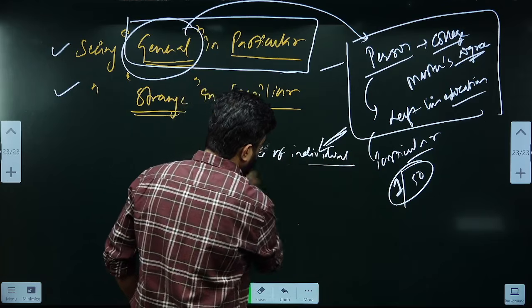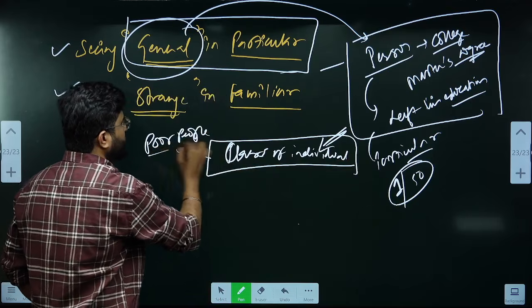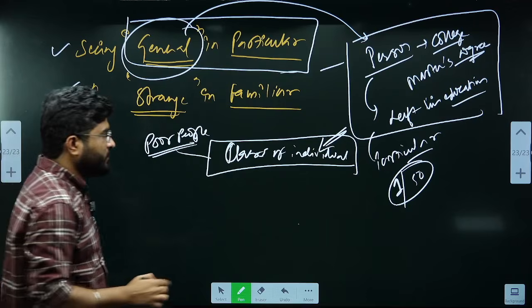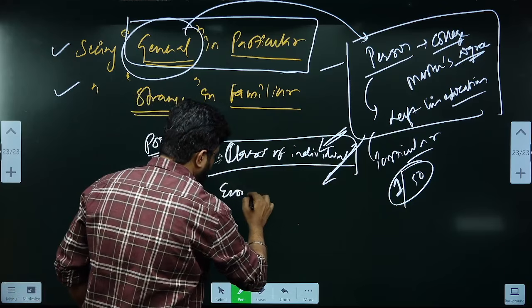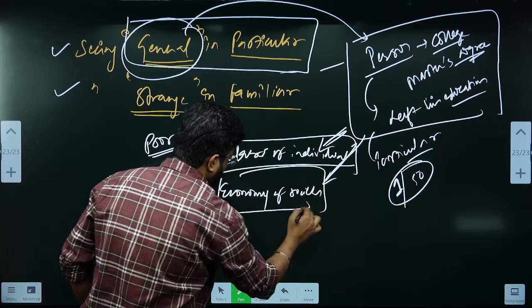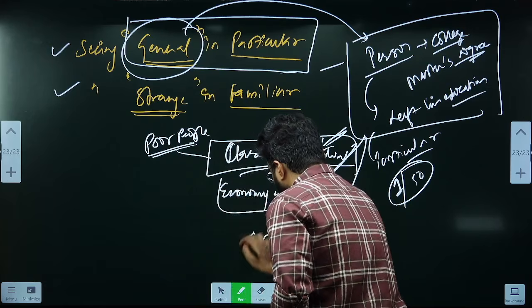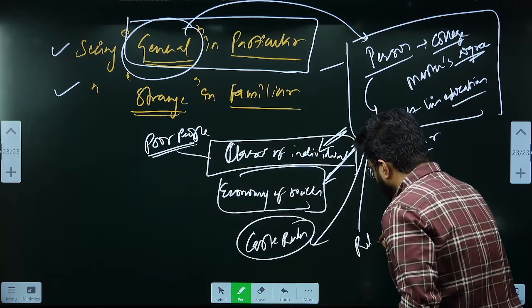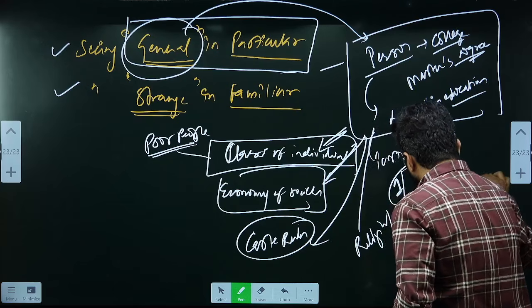What if only poor people leave education midway? What if this is dependent on the economy of society? What if this is dependent on caste rules? What if this is dependent on religion, gender, race, etc.?